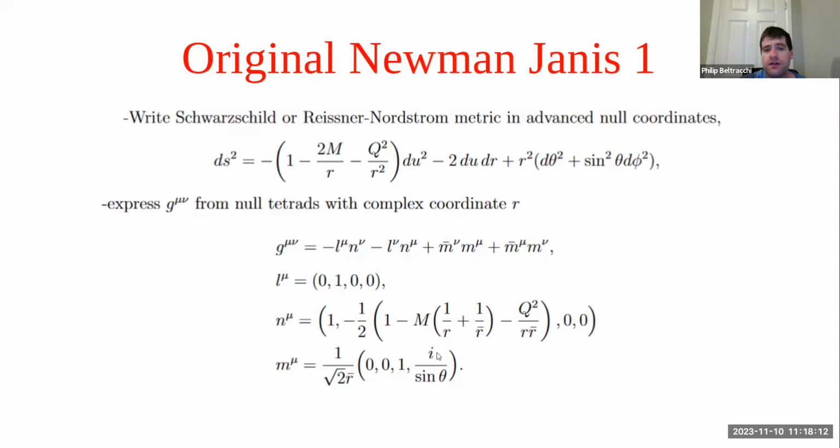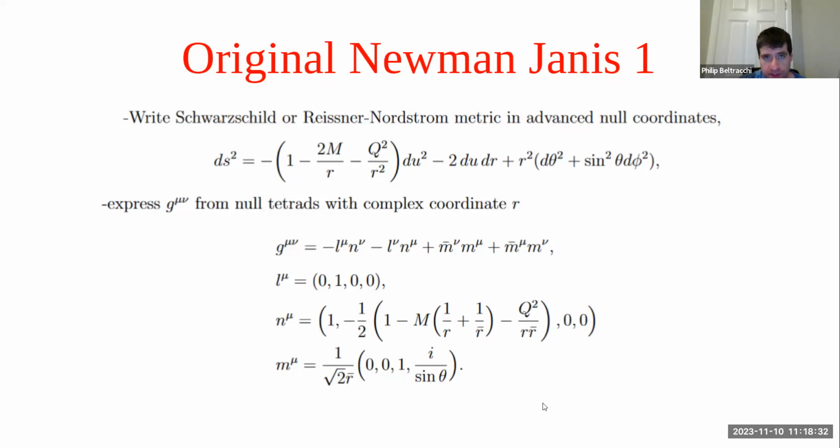Also, notice that there is a purely imaginary component in the M vector. However, when the metric is built as shown here, in spite of the complex components in the vectors, the metric remains fully real.